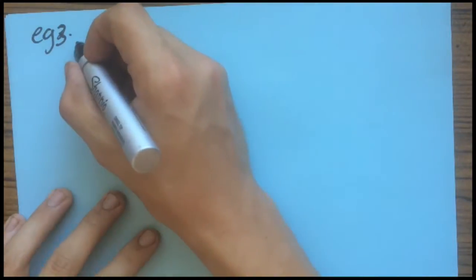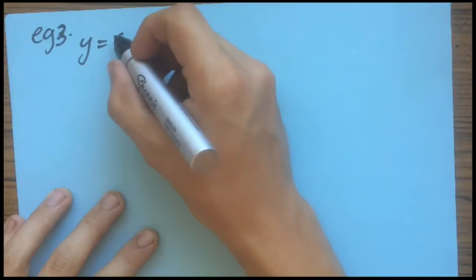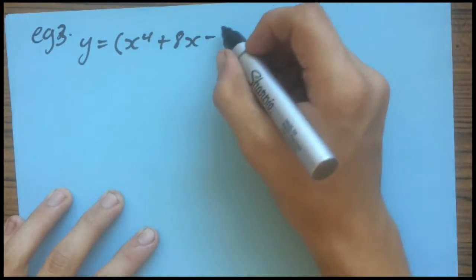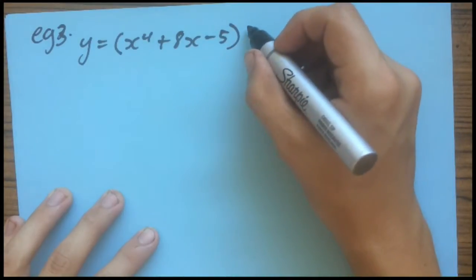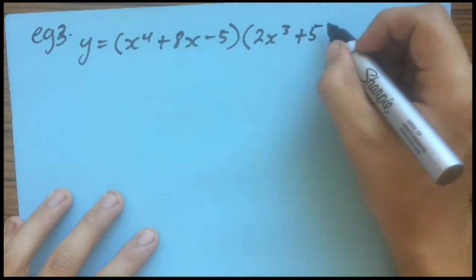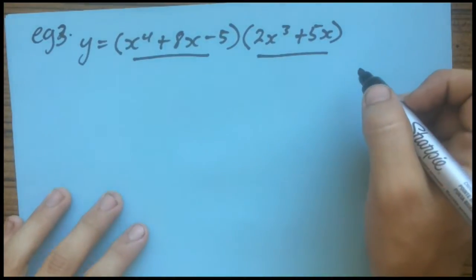So, y equals x to the power of 4 plus 8x minus 5 multiplied by 2x to the power of 3 plus 5x. Those are the two functions.